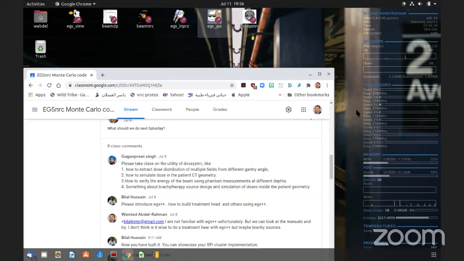Can you please explain why 70 centimeters is chosen for scoring the phase space file? Can we score at different distances like 75, 80, 85? You can score at any distance. In a LINAC, the isocenter is at 100. We know this.